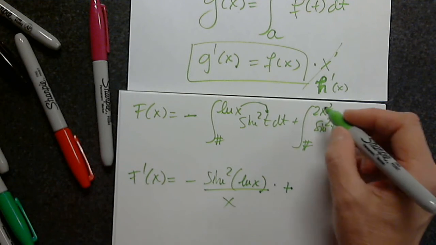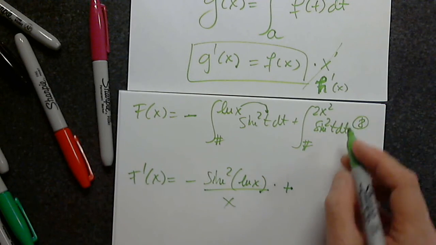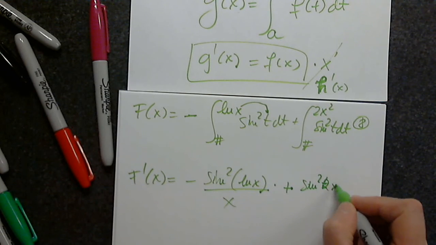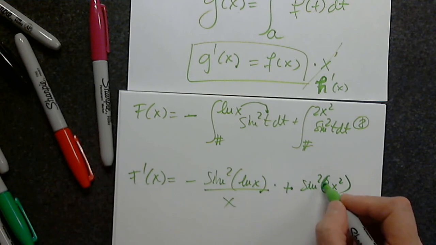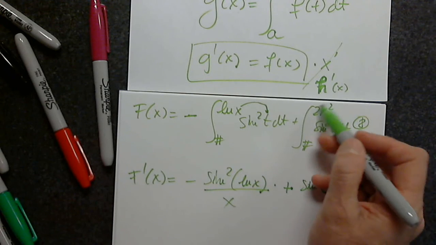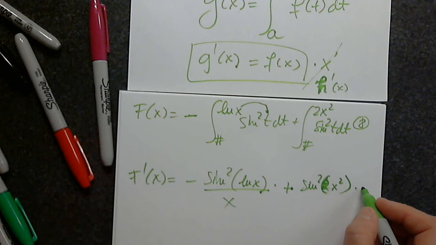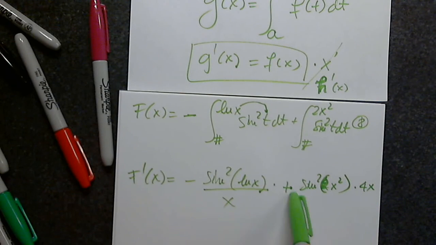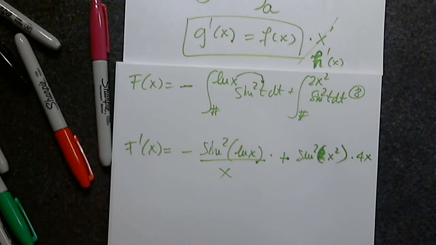Plus, I plug in 2x squared. I said and I didn't do it, okay? But since this is not plain x, I have to multiply by 4x, 2 times 2x. You don't have to do anything else. This is good enough. If you want to rearrange and put 4x in front, that's good. Other than that, it's done.